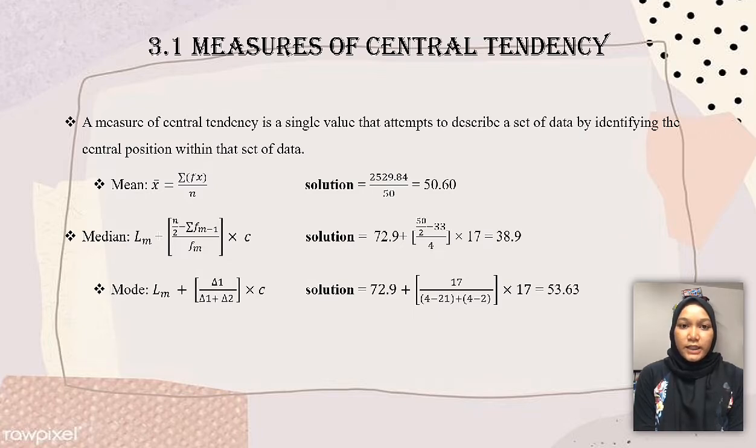And the solution is 72.9 plus 17 divided by 4 minus 21 and plus 4 minus 2, multiplied by 17, equals 53.63.